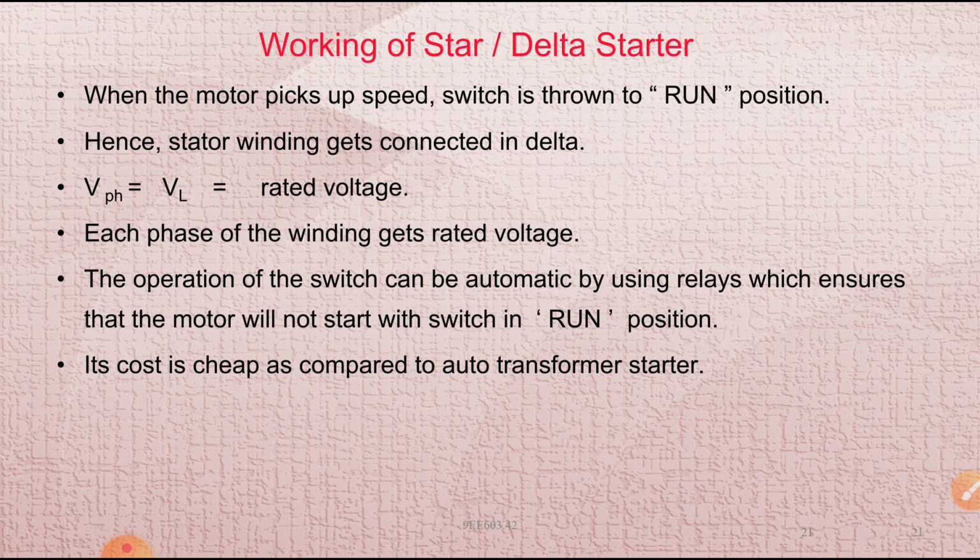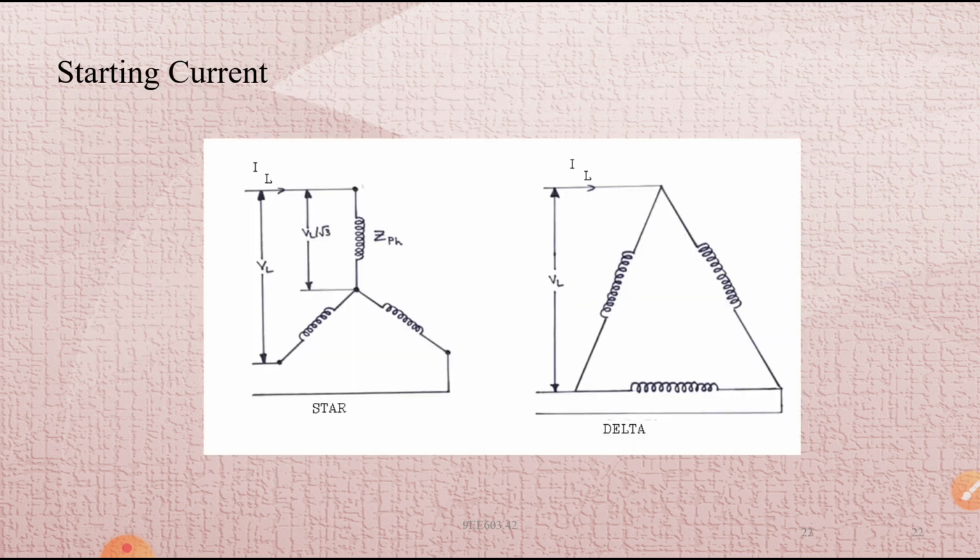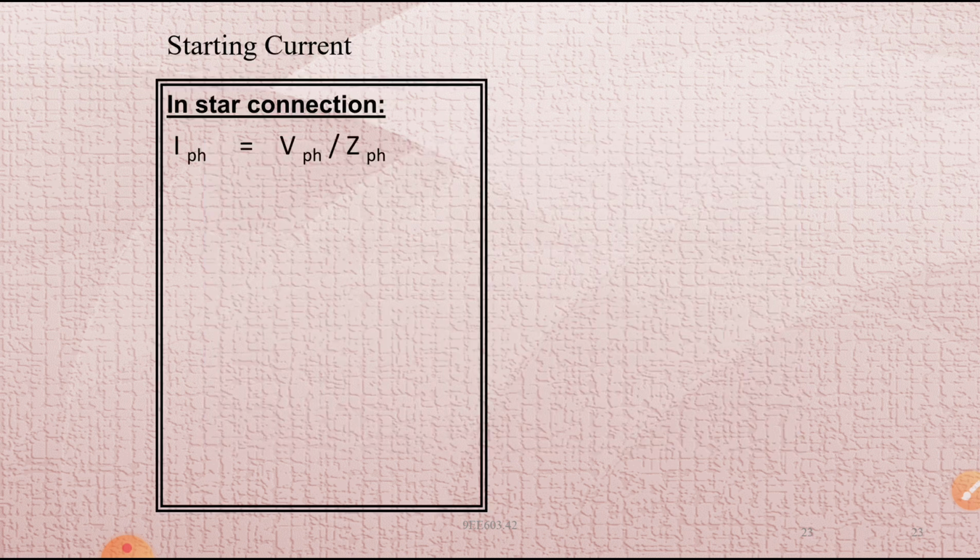Dear students, this is the theoretical part. In star connection and delta connection, we have already seen that I phase is equal to IL, and V phase is equal to VL by root 3. These are the equations we have already seen in the previous case.